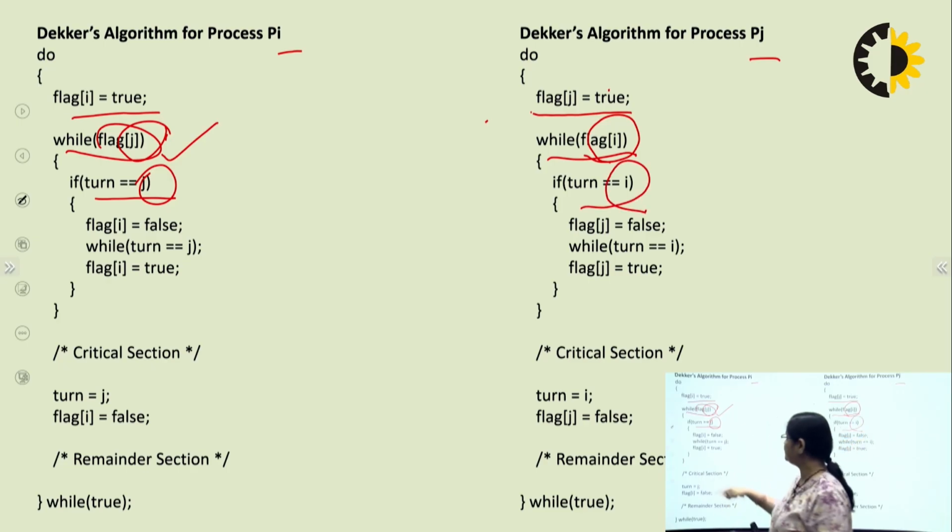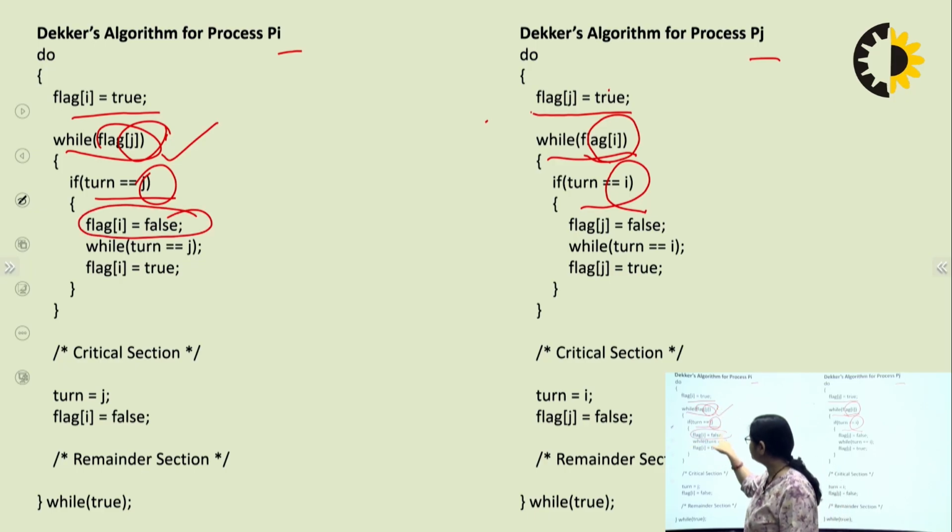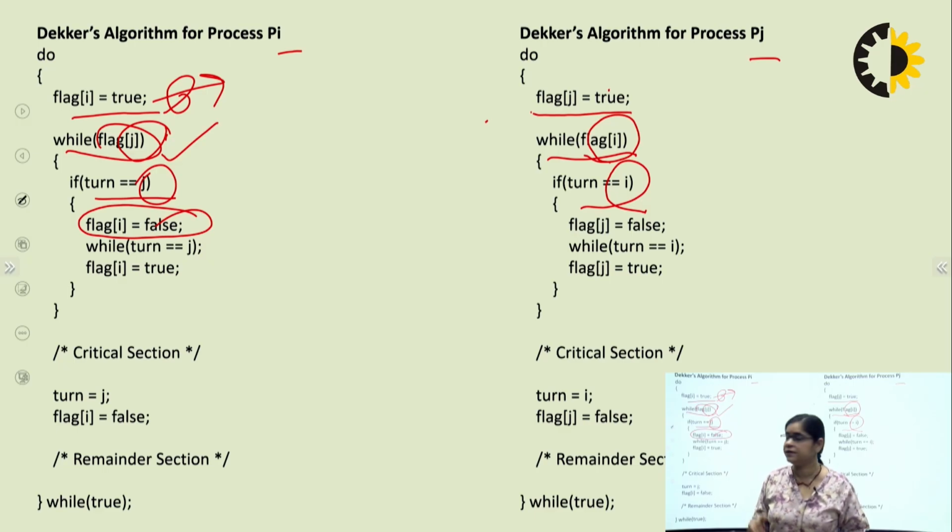Now if you come to this code, if flag of j is true and the turn is the next process, that is process j, it means that flag of i is equal to false. It means that this process is not using the resources and is not entering. That's why we have shown flag of i as false.